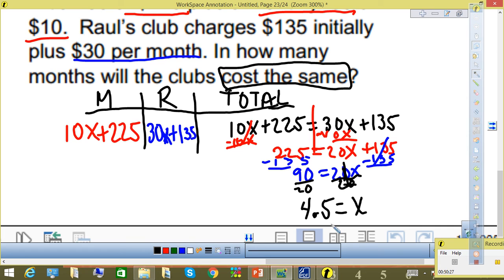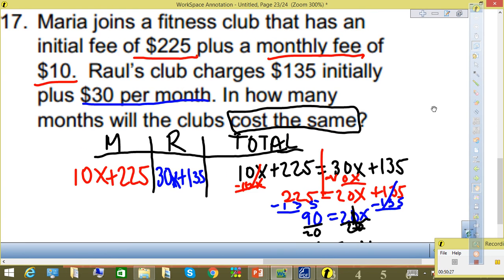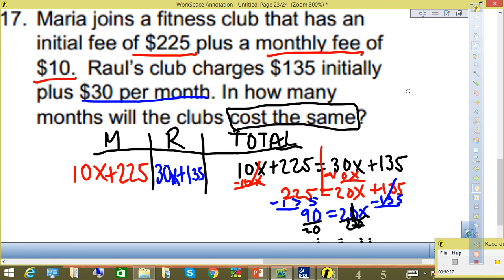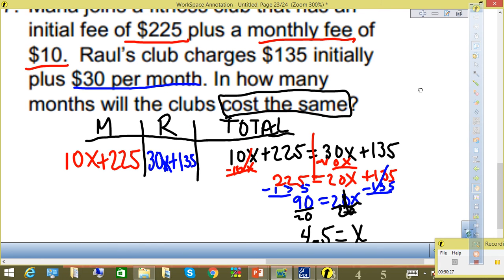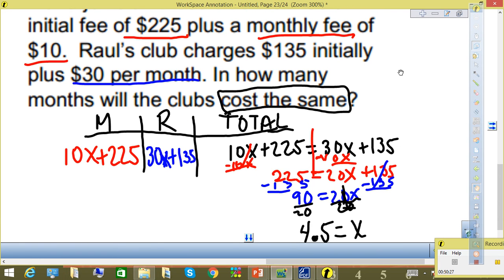So question. It says, in how many months will the clubs cost the same? Okay, let me ask you a question. Is this a reasonable answer? Let's think about it. Because it says they charge a monthly fee. Do they charge for half a month? No. So will they ever cost the same? Let's try 5 months.